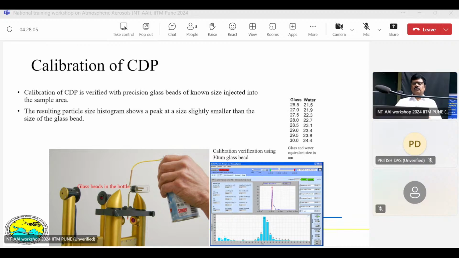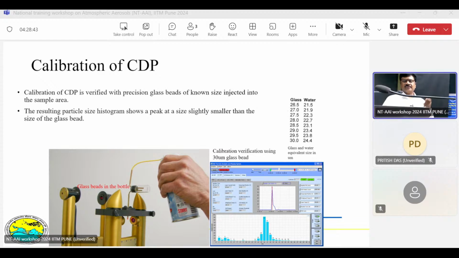To check whether these instruments are working properly, we also need to calibrate and see whether the size of cloud droplet we observe is correct or not. So for that we need to do calibration of this cloud droplet probe. For that we use glass beads of known size. So here the glass beads of known size are given, which are inserted into this scattering volume.